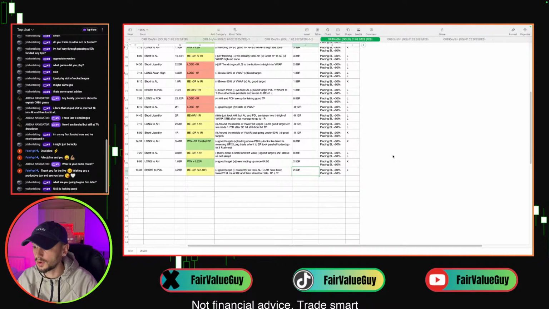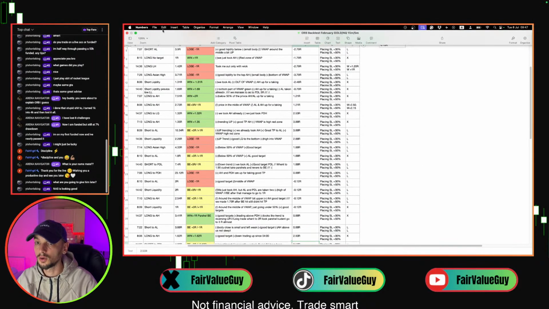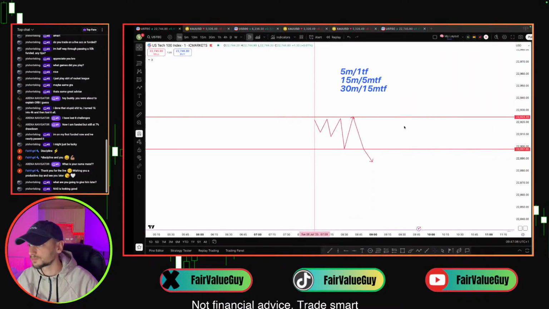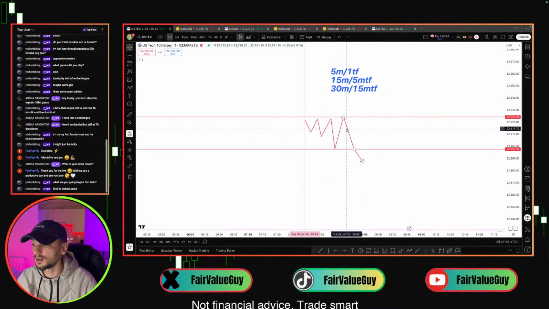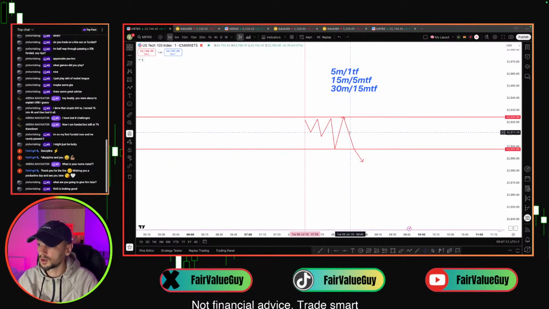We have 2.5 for another month, which is again not bad, and so on. So as you can see, some months the ORB is working just like this. I'm going to show you an example in the live market now.